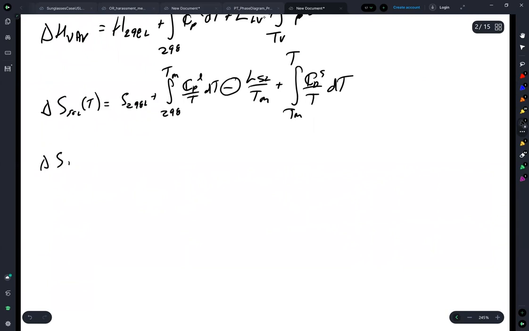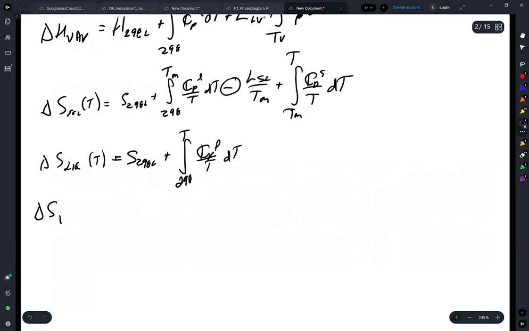Delta S of the liquid, again, the easy one, is S at 298 of the liquid plus the integral from 298 to T CPL over T dt.